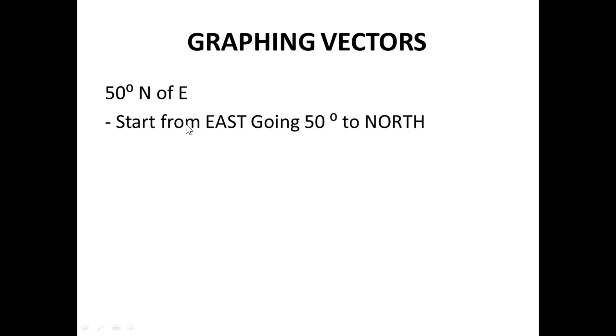I repeat, we start from the latter direction, going the given degrees toward the first direction. So we start from east going 50 degrees to the north. So the angle is located here.